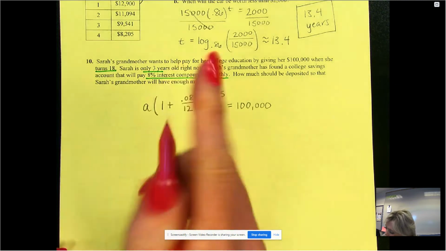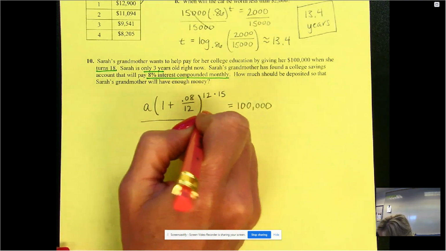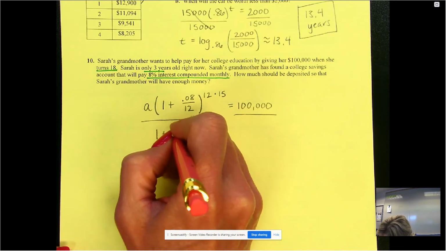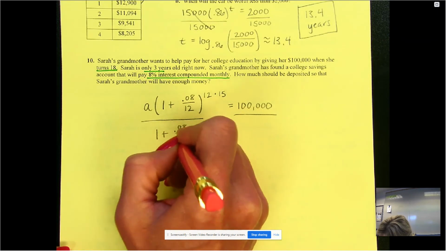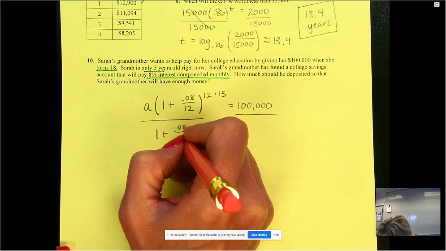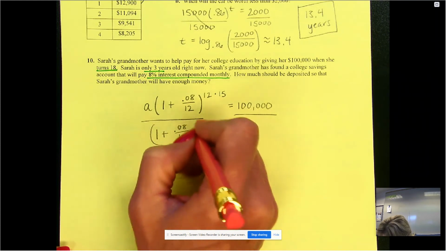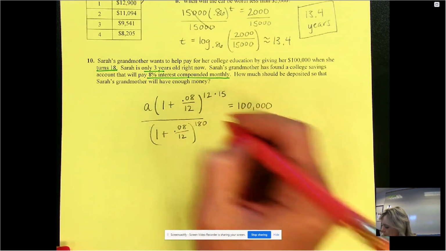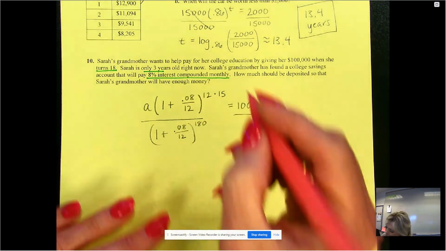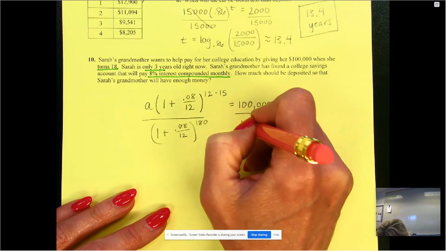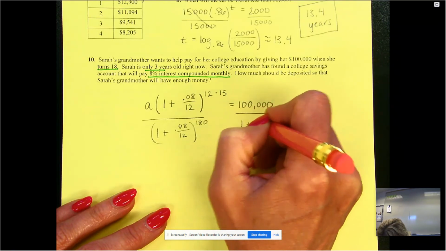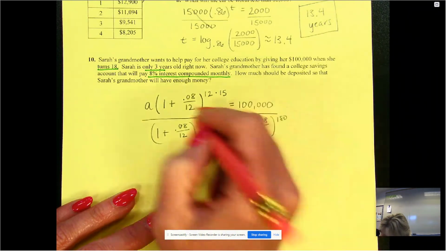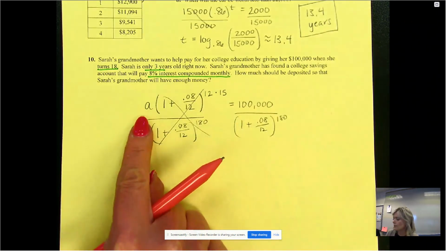So to solve for A, we're going to divide both sides of the equation by 1 plus 0.08 over 12. 12 times 15 is 180, so I'm just going to write that. Okay, so now we are going to have A by itself.